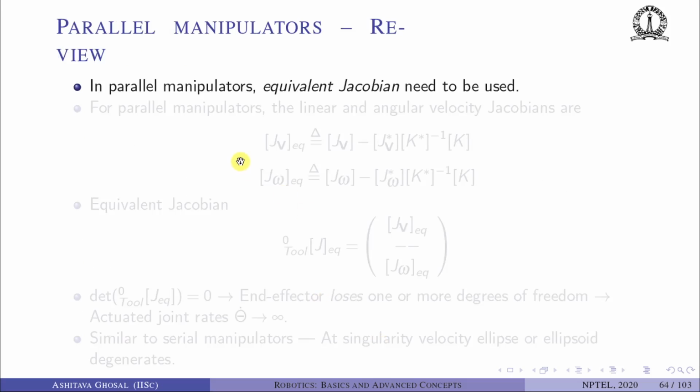So let's review parallel manipulators once more. In parallel manipulators, the equivalent Jacobian can be found and we can use it.